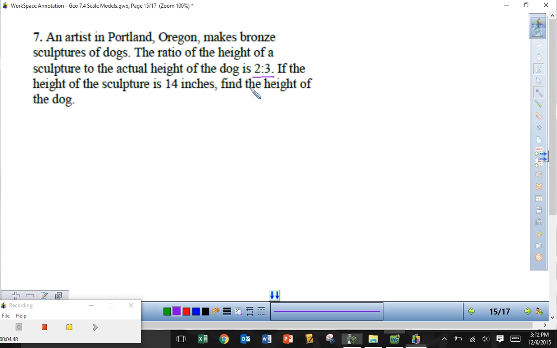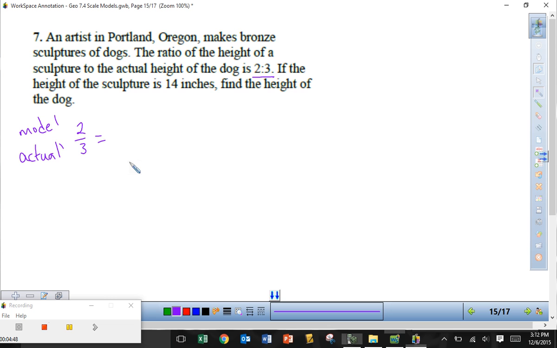Okay, so therefore our scale factor would look like 2/3. Okay, based on that, if this is our model and this is our actual on the bottom, the other side of my proportion would have to represent the model on top and the actual on bottom.